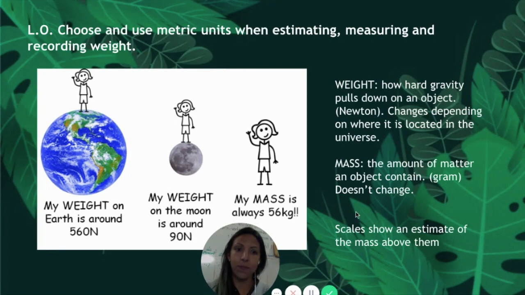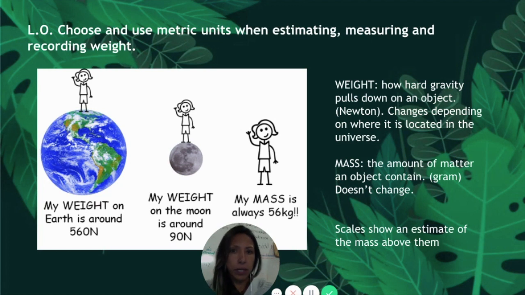But mass is the amount of matter an object contains, and the mass doesn't change. So even if I am on Earth or on the moon, my mass will always be 56 kilograms. That doesn't change depending on the place I am.